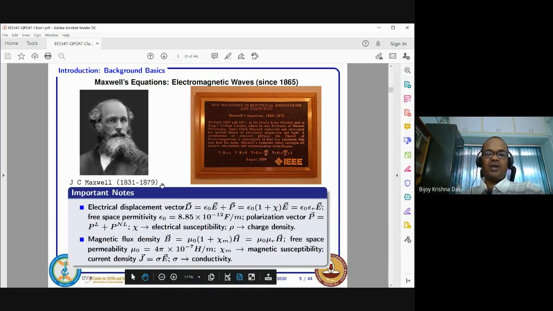James Clerk Maxwell's famous four equations, you can see on this plaque, with some story written about when and how it was discovered.